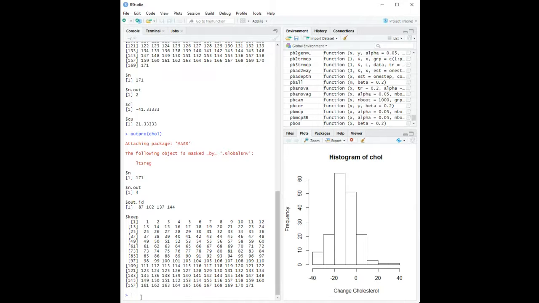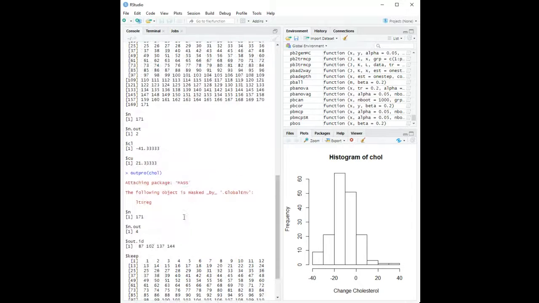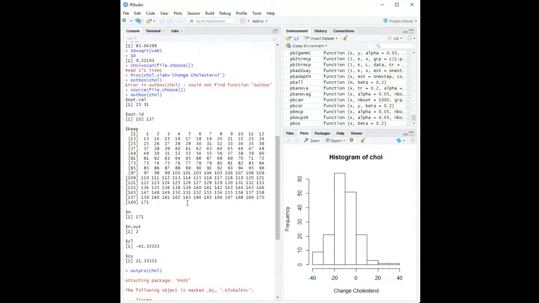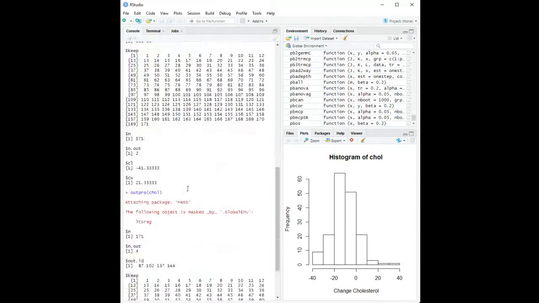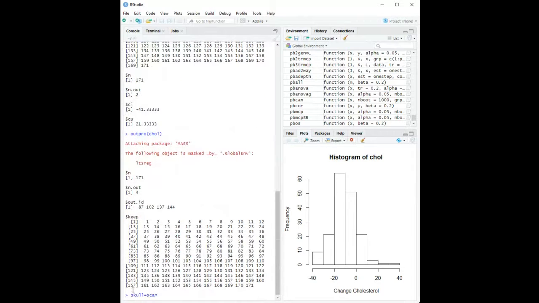So for this one again, we're gonna do that. I'm gonna put skull. So scan, like we did before, which was scan file choose. Okay. I think I have to look for it first, and I have to download it first. So it's the skull one.